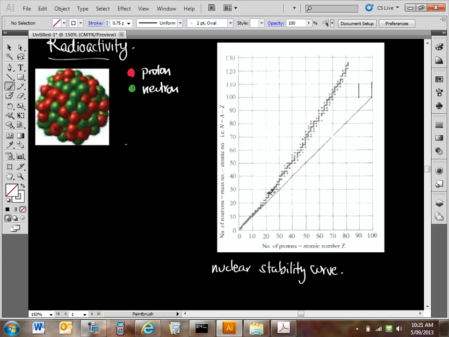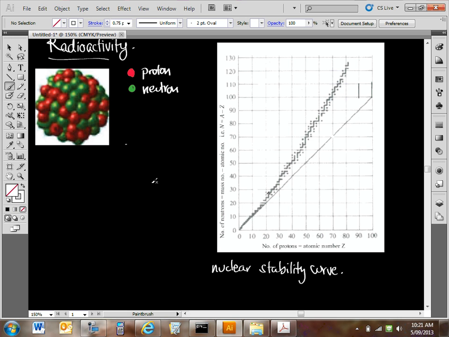What we can see here is clearly evident that as the atomic number increases, we need more neutrons. The nucleus needs more neutrons than it does protons, or a higher neutron-proton ratio as we get higher in atomic number. And there's a reason for that.